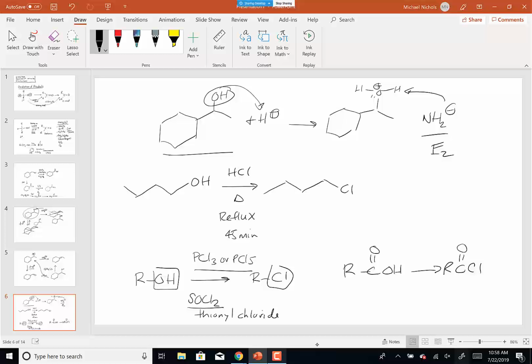It comes from reacting a carboxylic acid with, I want to convert an OH to a Cl, so you could react the acid with thionyl chloride or like PCl3. So again, that's its job: convert OH to Cl. For an alcohol, but it also works for a carboxylic acid.